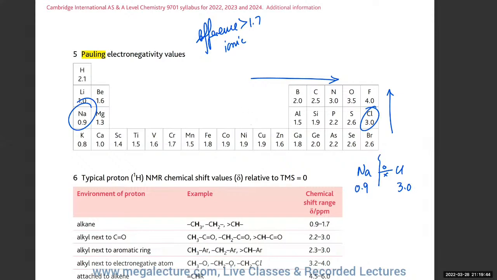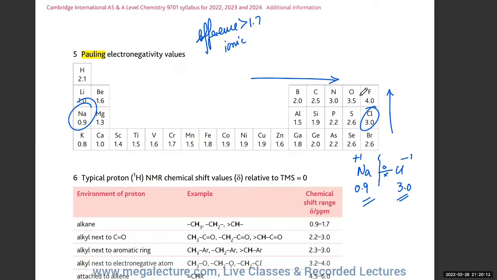So the electrons are going to be completely gained by Cl. Cl would be -1 and Na would be +1. So it's going to be ionic. So if there's a huge difference in electronegativity, the compound is going to be ionic. If there's a very small difference in electronegativity, then they would be sharing electrons. No one would be able to gain electrons.